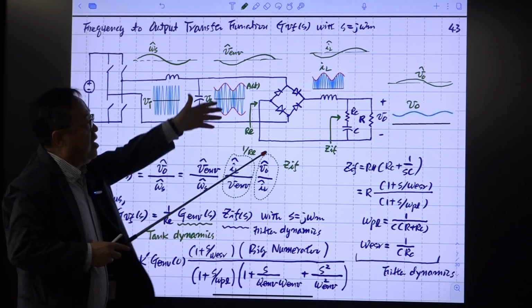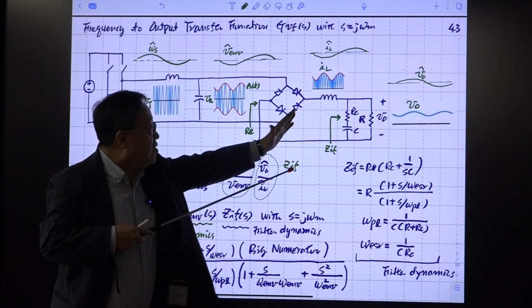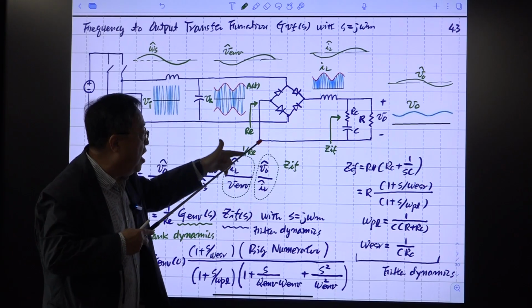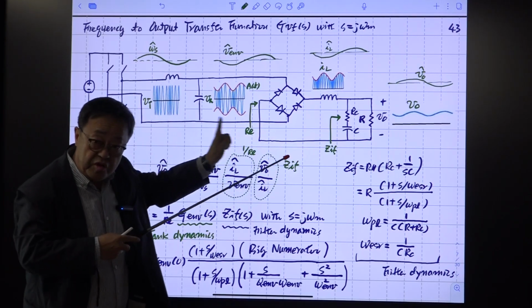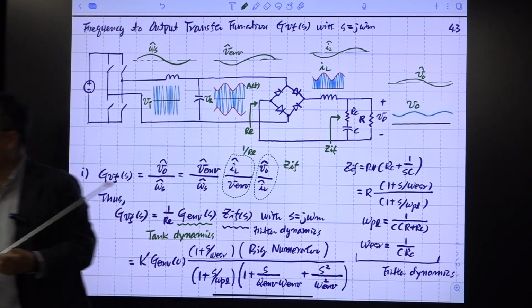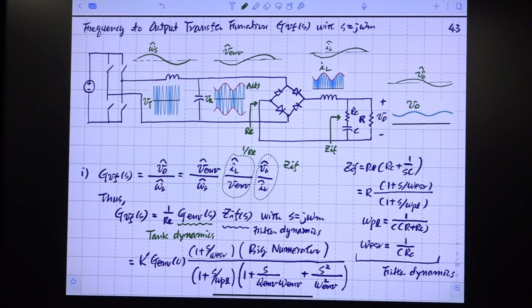But if you take a look at this part through this port, then everything is converted to one single resistor, and that resistor is called RE here, and the value of RE is pi squared divided by 8 times R. Right? We know this, because it's the result of this sinusoidal approximation.